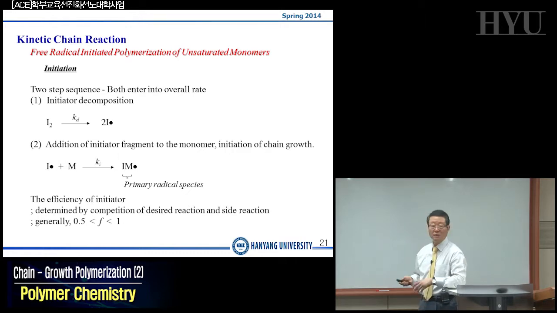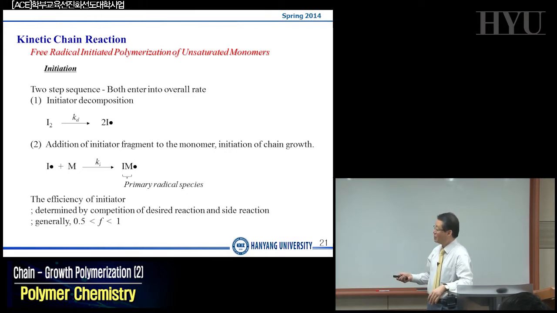That means you have symmetric components of initiator, and it's broken into two species with the same molecular weight and so on, and it becomes a radical, which is described as a decomposition of the initiator. So initiator decomposition is the first step. The rate constant for this initiator decomposition is called the KD, decomposition rate constant.